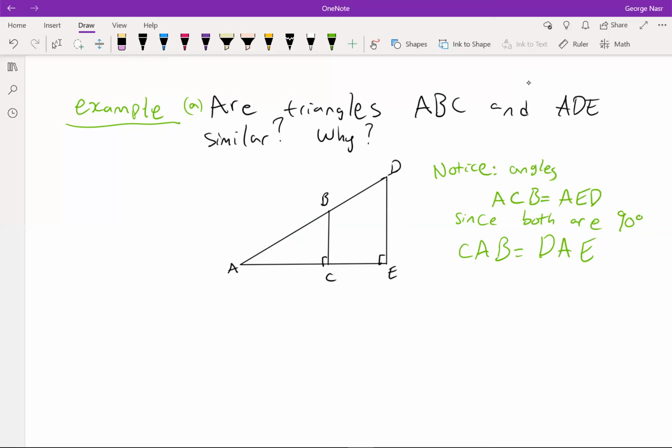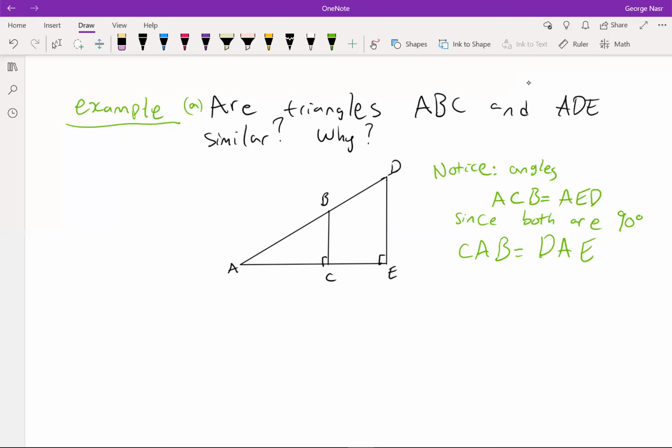So the last question is, are these two angles the same? I want you to pause the video really quickly and try to figure this out. Spend no more than maybe a minute.